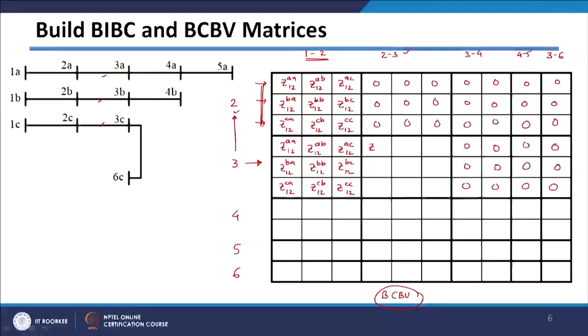Again here all the 3 phases are existing. So, Z AA, Z AB, Z AC, Z BA, Z BB, Z BC, Z CA, Z CB and Z CC, and this is corresponding to branch 2 3. So, it will be 2 3 here.